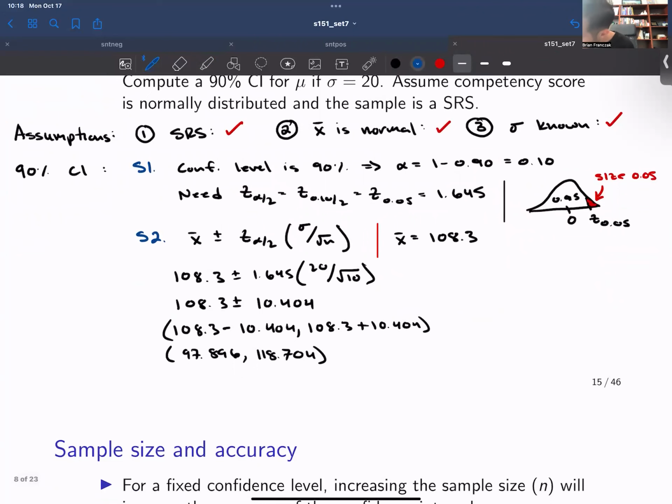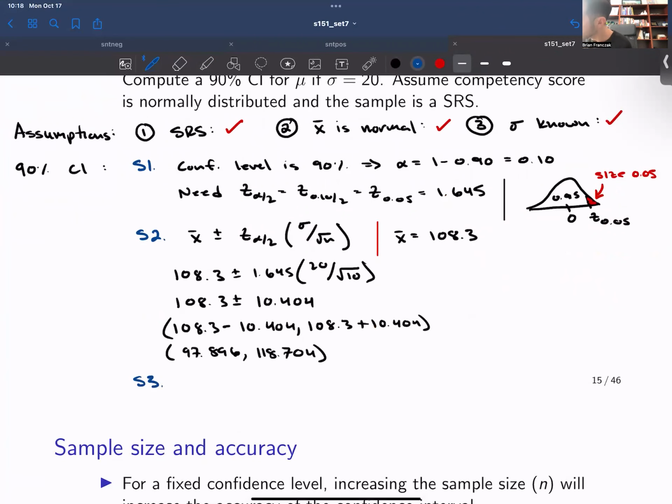All right, and then we would finish off by interpreting. For all confidence intervals, we have a standard interpretation. We would say we are the percentage confident that the population mean is between the lower bound and the upper bound.